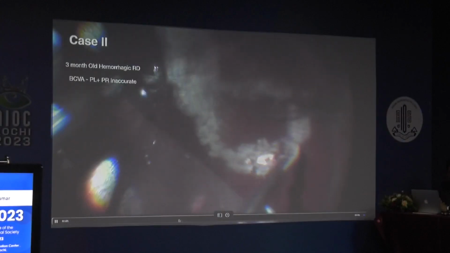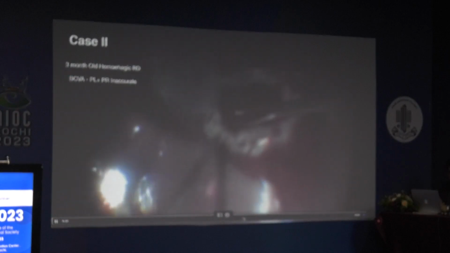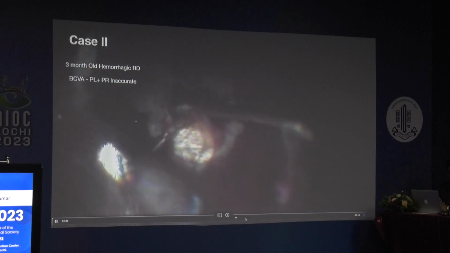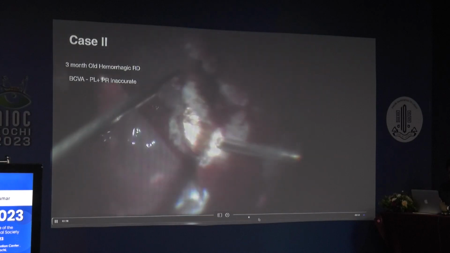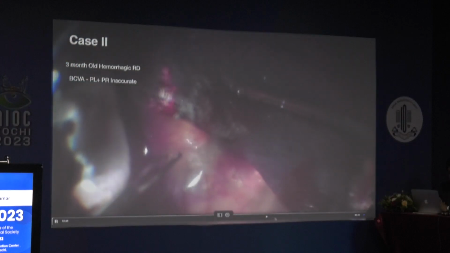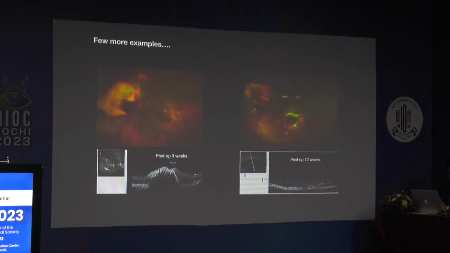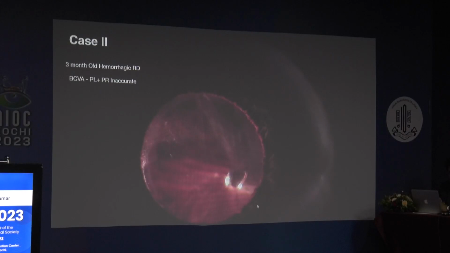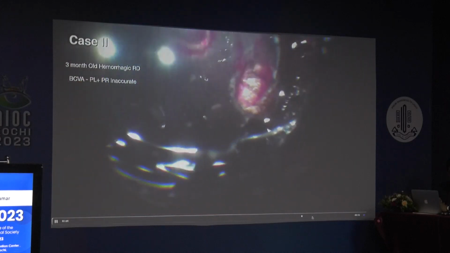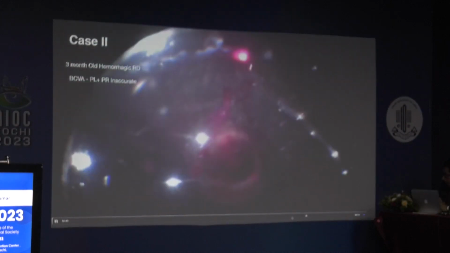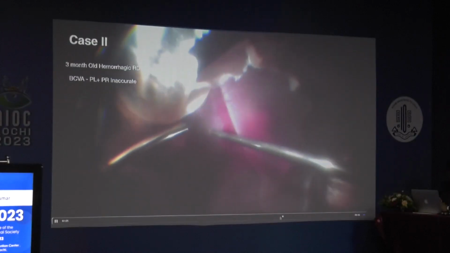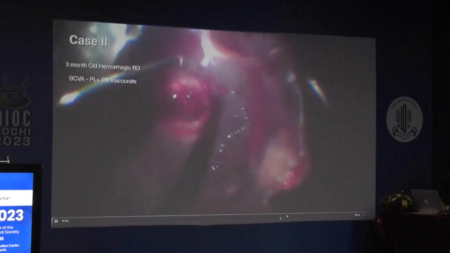I am using curved scissors to get the graft, and under the PFCL you can reposition this graft bimanually or with the help of forceps into the proposed site of the fovea, and then you can reposition the whole retina after removal of the subretinal PFCL.